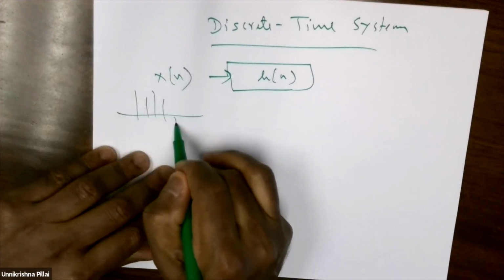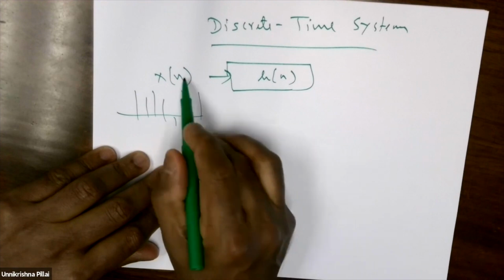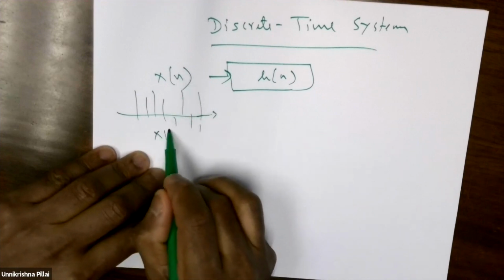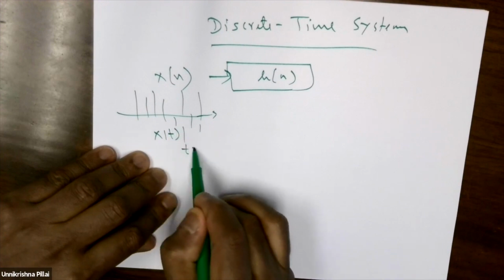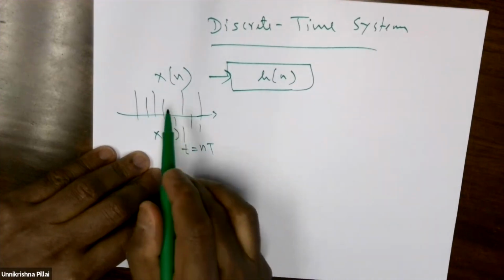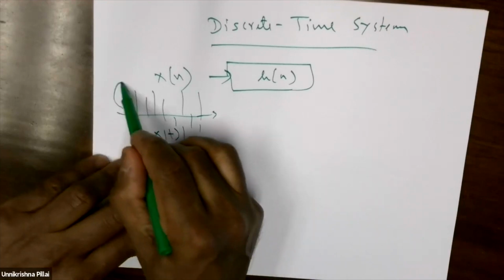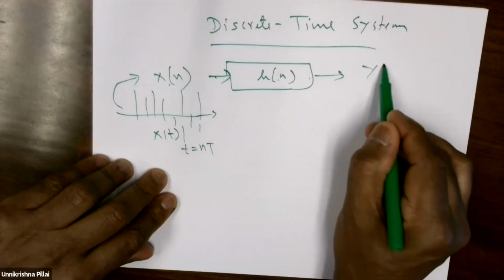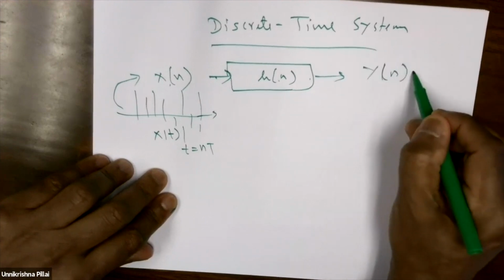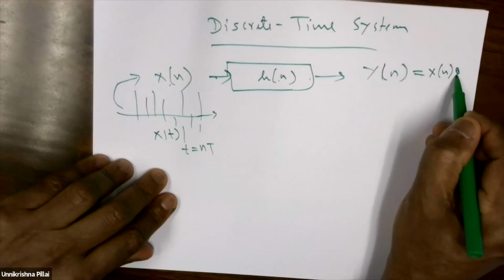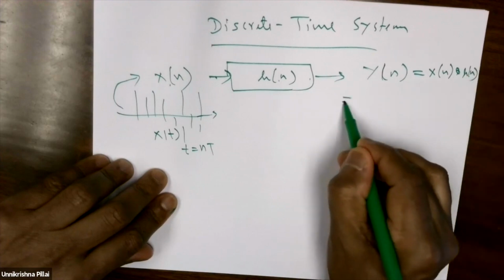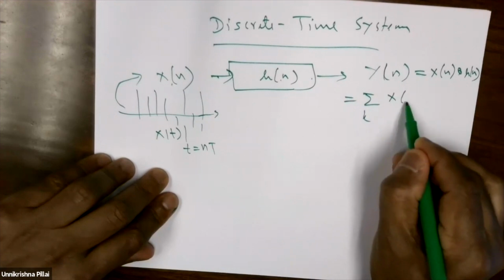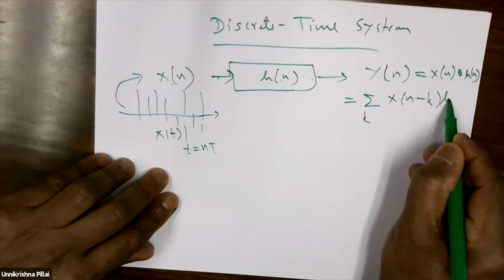The input is defined only for specific values, so you have a process sampled at t equal to nT. That's one way to generate a discrete time process. A discrete time process is passed through a discrete time system to generate y of n. That's the discrete time convolution of xn and hn, which is the sum over k of x of n minus k multiplied by hk.